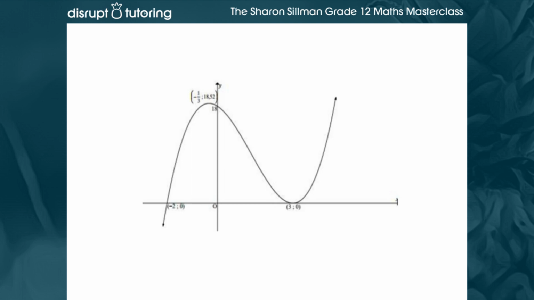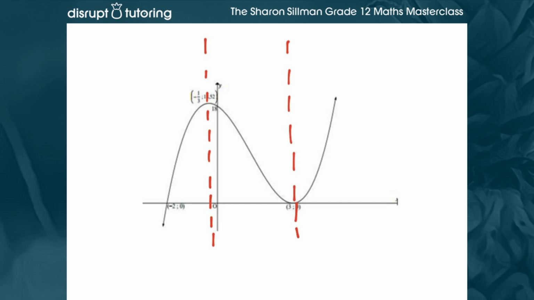So the derivative function is not drawn on here, and we don't have to go to all the trouble of finding the derivative function, finding its x-intercepts and drawing it, because we know the x-intercepts of the derivative function are the x-coordinates of the turning points.